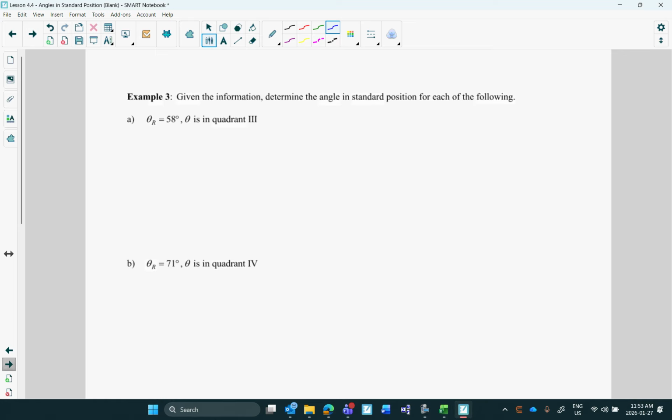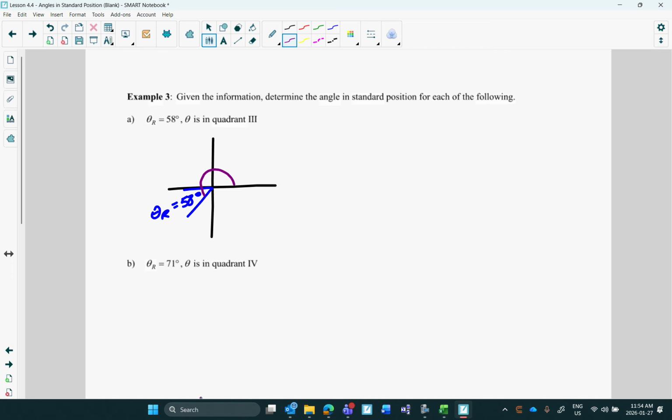So for this first one, I'm asked to draw a 58-degree reference angle in quadrant 3. Remember, the reference angle in quadrant 3 would be measured from the negative axis, and then its terminal arm would go into quadrant 3. So what's theta?